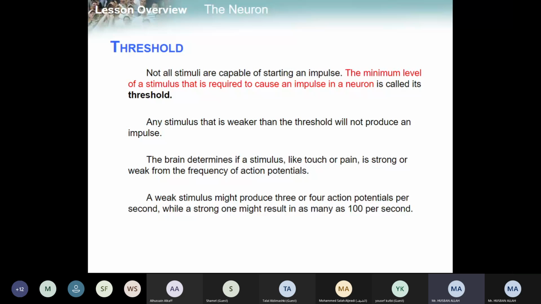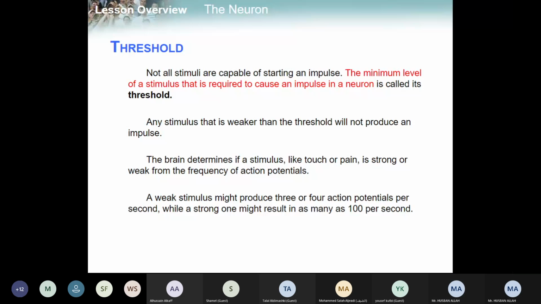That specific range is called the threshold. Any stimulus weaker than the threshold will not produce an impulse.